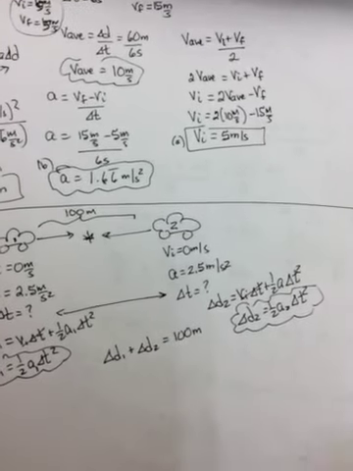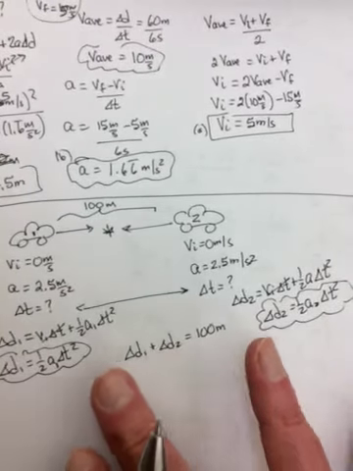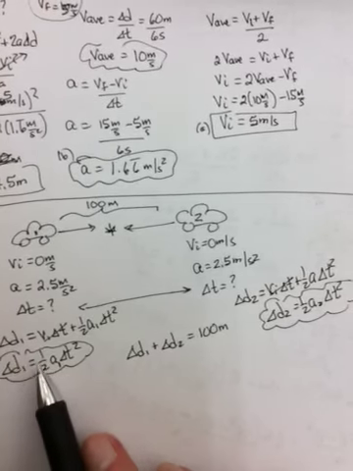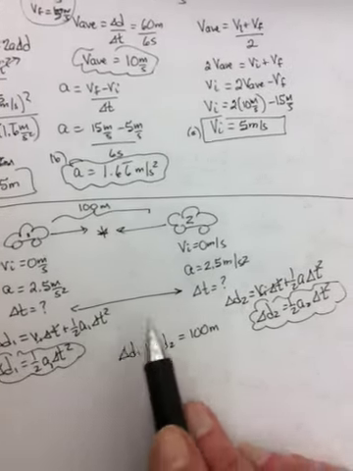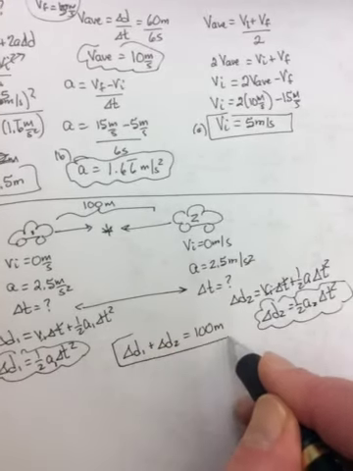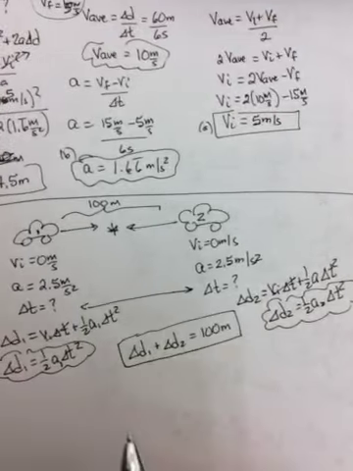Now I know you're saying, but I know D2, it's 50. That's right, in this case it is, but they won't always be the same. Technically then I really have three unknowns. I don't know D1, I don't know T, and I don't know D2. And if I have three unknowns, to solve it, I need three equations. And look, I have three equations.